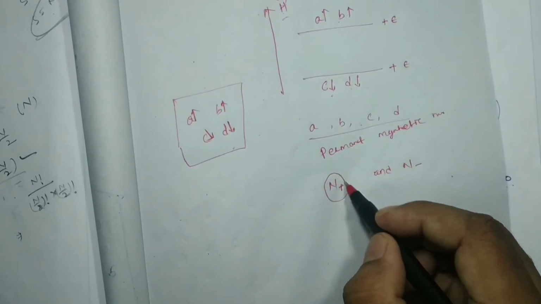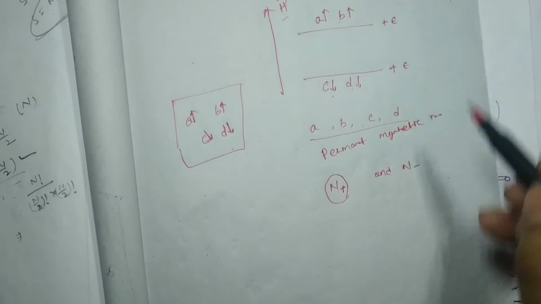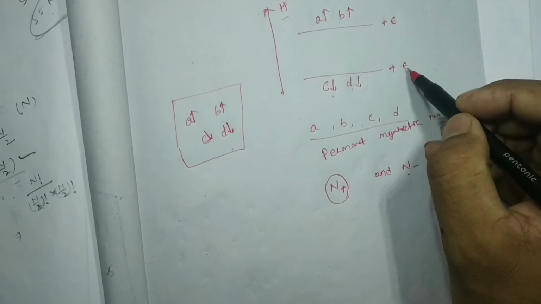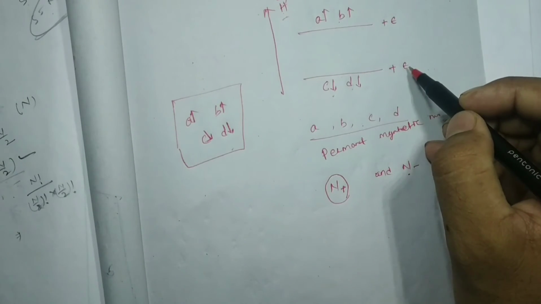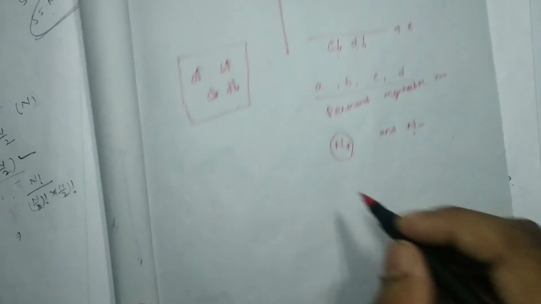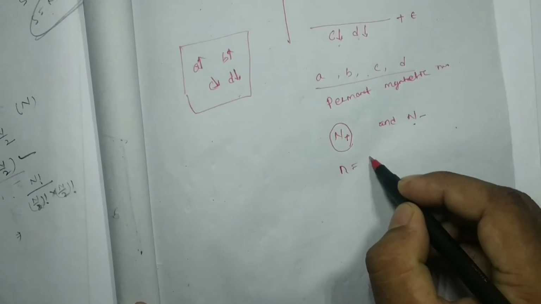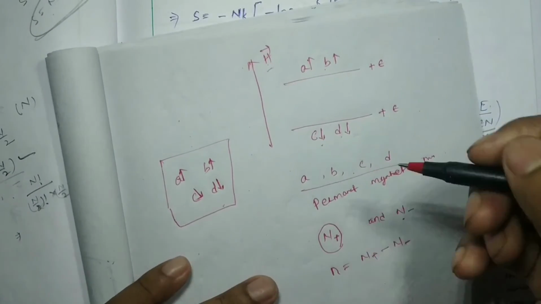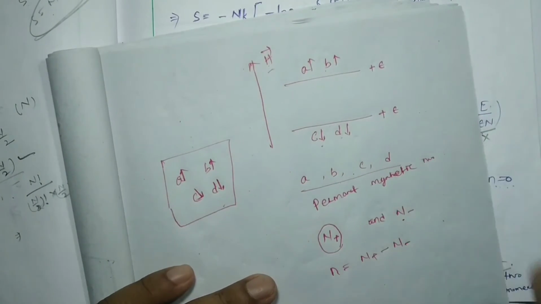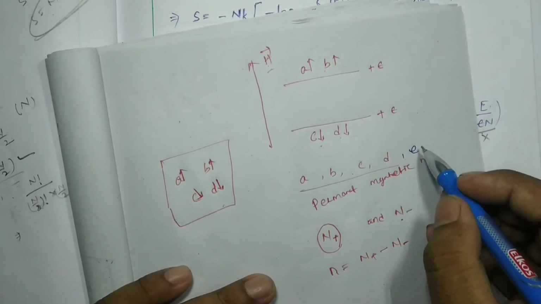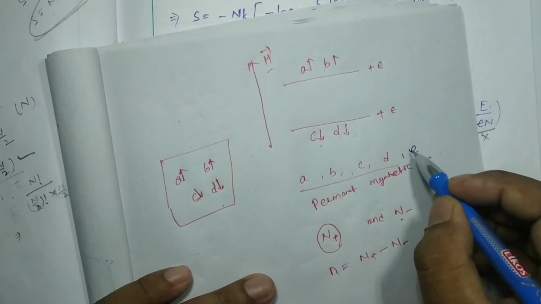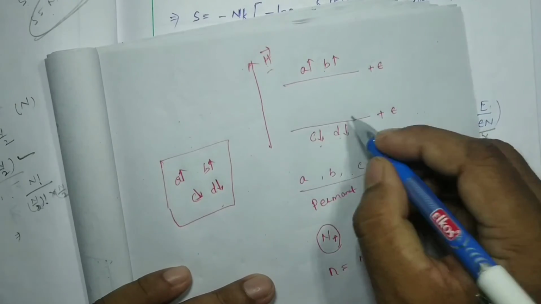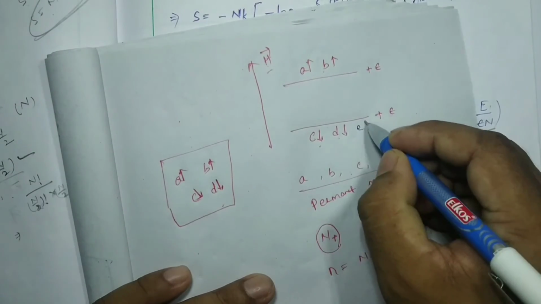N plus belongs to this energy state, N minus belongs to this energy state. Then we can define N equal to N plus minus N minus, or here we can consider more particles, suppose A, B, C, D and E, and suppose E is aligned antiparallel with the applied magnetic field, so E can be here.